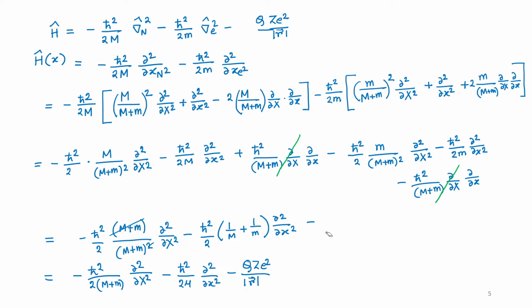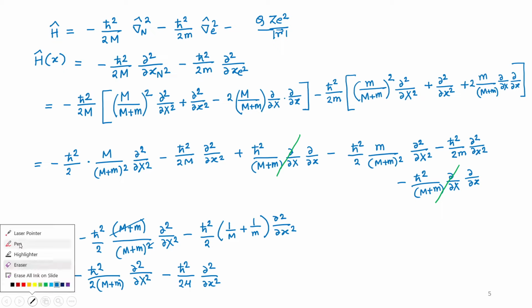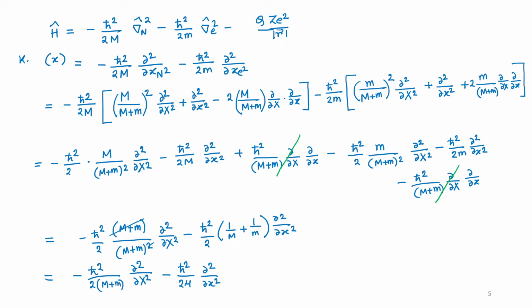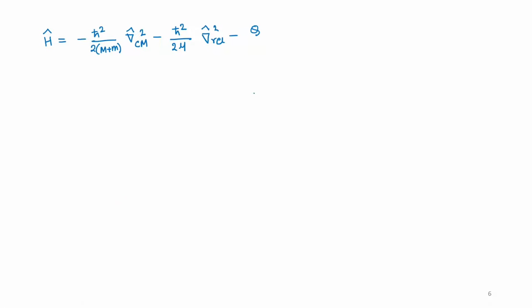I should not write it here. That is one of my mistakes. So I will discuss why I am doing it, and also this. So instead of H, I should write only the kinetic energy part, Hamiltonian. I'll write why I am doing it.